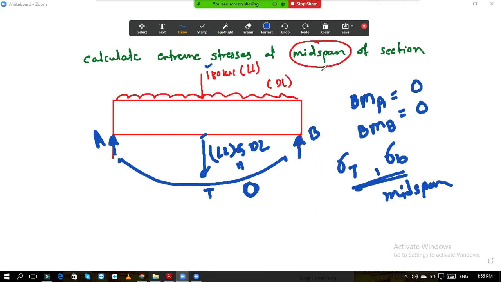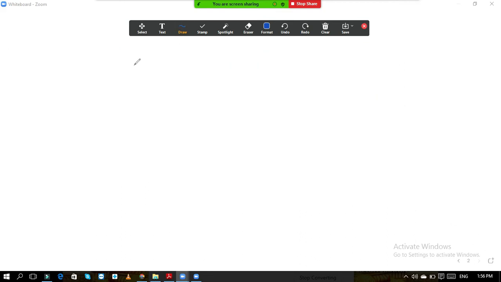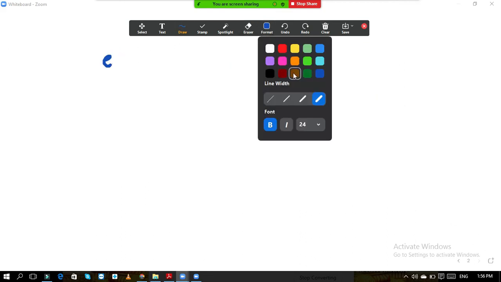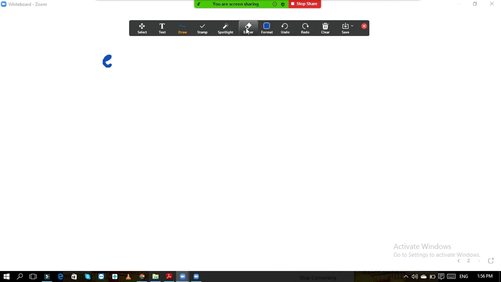So carefully read this word in the problem, midspan. That is why we are calculating all the moments at the midspan. Now instead of this, if they told you in the numerical, calculate the extreme stresses at end section instead of mid-span.